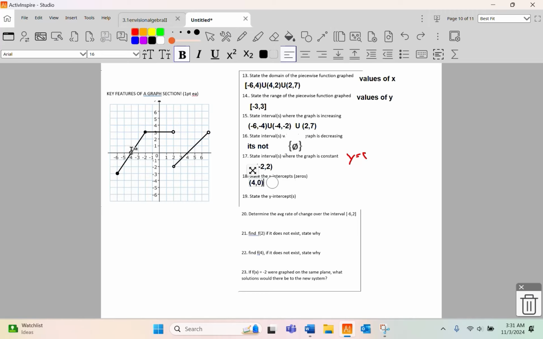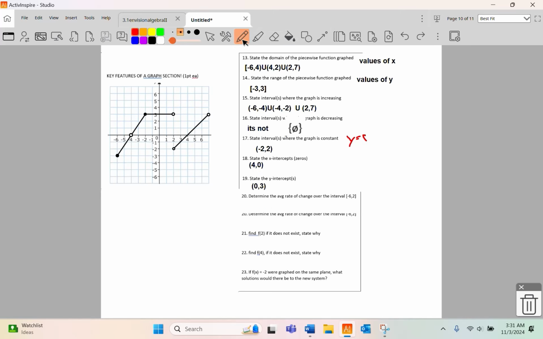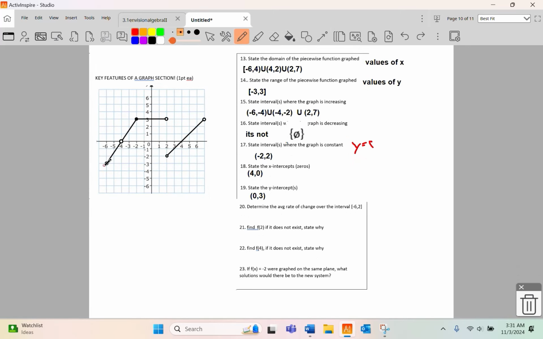And what's throwing kids off is ordered pairs. The y-intercept, there's one right here. Kids will get this backwards all the time, at 0, 3. Determine the average rate of change over the interval from -6 to 2. So I'm going to put a nice dot here where x is -6, and I'm going to put a dot over here where x is 2.